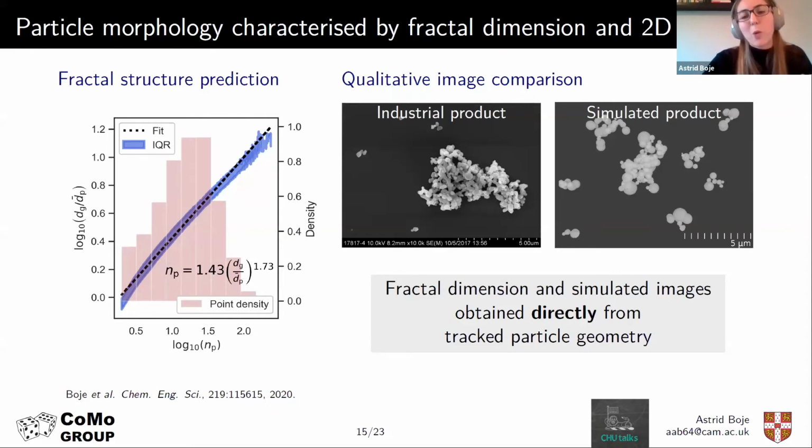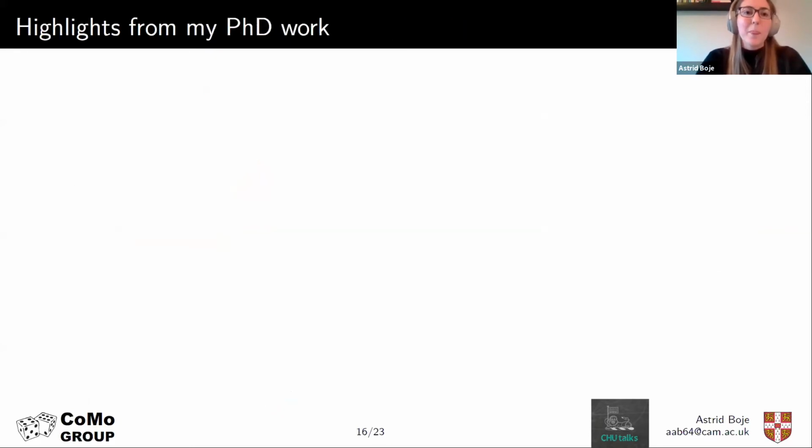But we also get qualitatively quite a similar, complicated aggregate structure that's quite compact. So it's not one of those long fractal aggregates that I showed before. Finally, this also allows us to predict the fractal dimension, which is a measure of the particle structure, again without making any assumption on the particle geometry. And this is really important because it informs a lot of the processes that happen in the reactor. So it's nice to be able to do this without making further assumptions, which was historically the case.